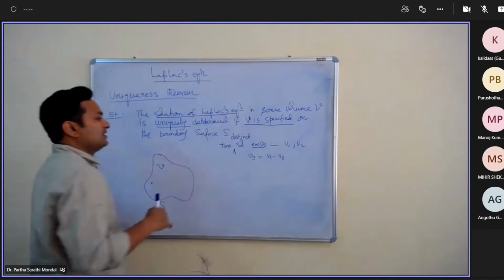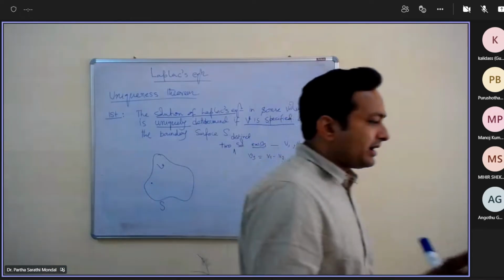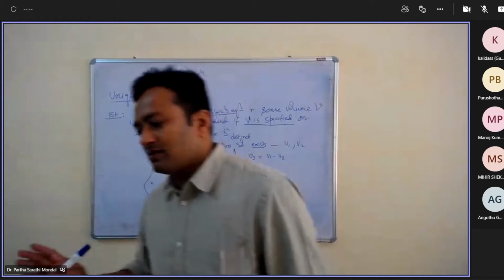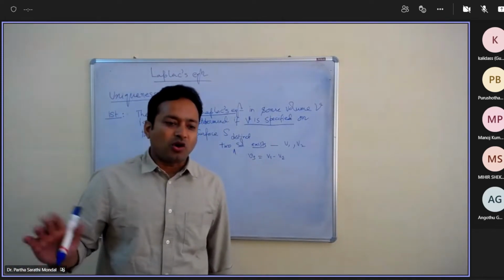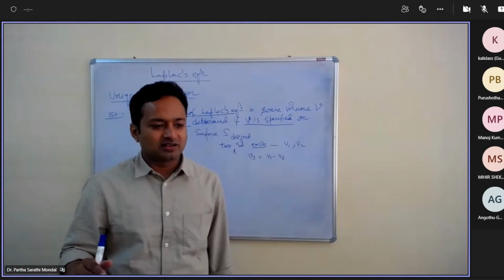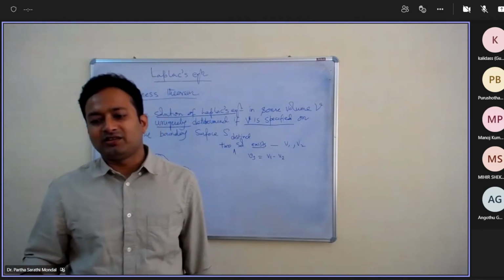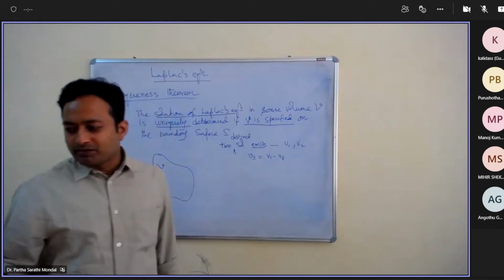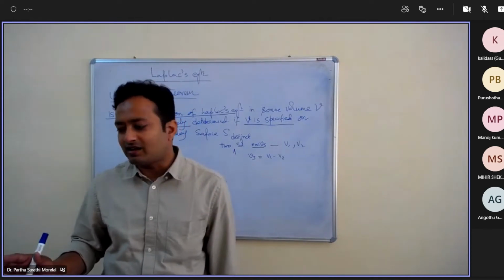Because of the superposition principle, which you studied in class 12, that if at some place there is a voltage V1, and you cause another voltage V2, another voltage V3, the total voltage will be the superposition of all these voltages. You studied the superposition principle for charge, for voltage, for field, right, in class 12?